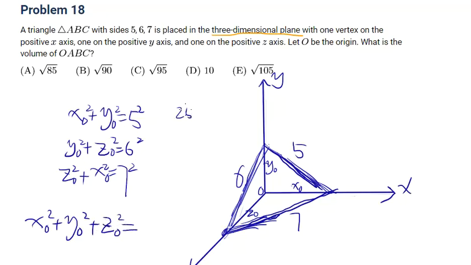This is 25, 36, 49. We add them all up, we get 110. Then we divide by 2 to get 55.